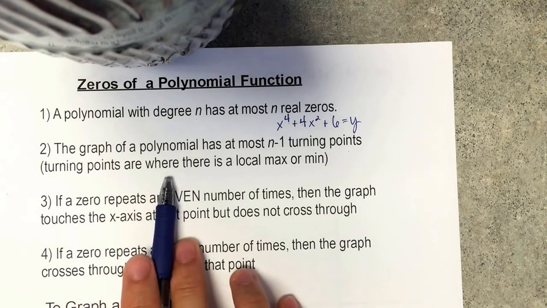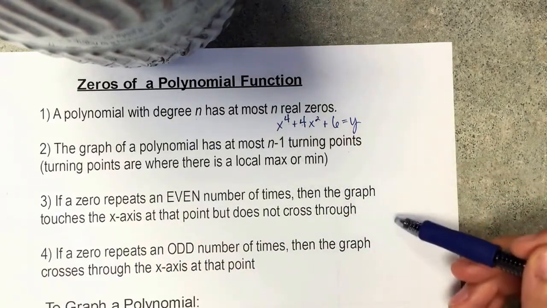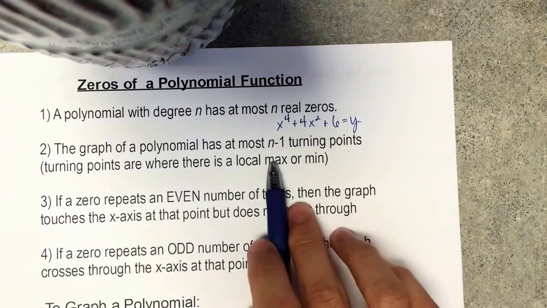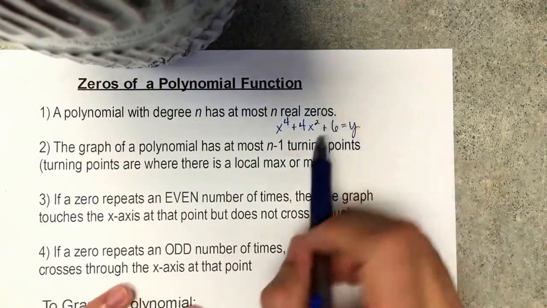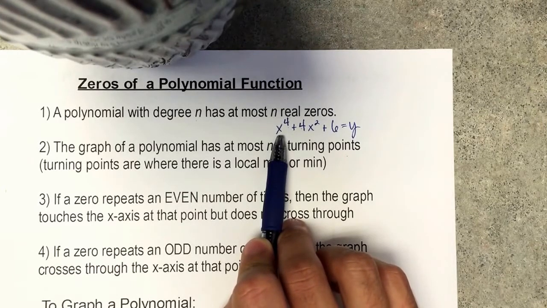The next thing is that when you look at a curve and it has all kinds of bends and twists in it, it can only have one less than the degree turns. So that's what I mean by n minus 1 turning points. So if I'm going to use this same example, not only would I have the opportunity to hit the x-axis 4 times, but I would also have the opportunity to have 3 different turning points.